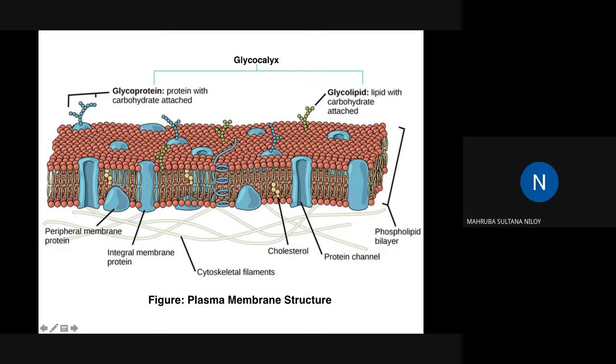And if a cell enters our system carrying these kinds of markers, then our immune system may detect it. Okay, this is not our cell; it is a foreign cell. Any confusion?